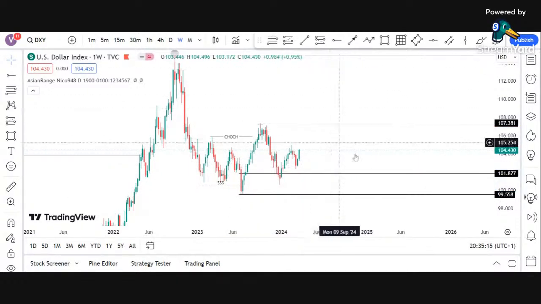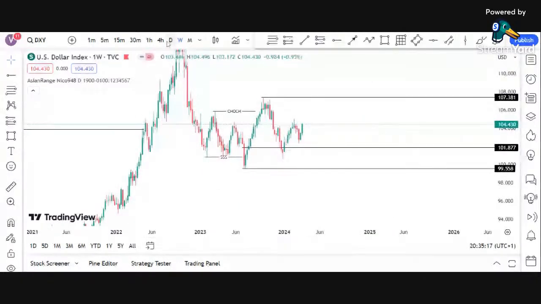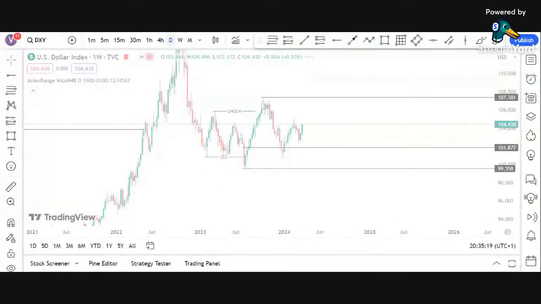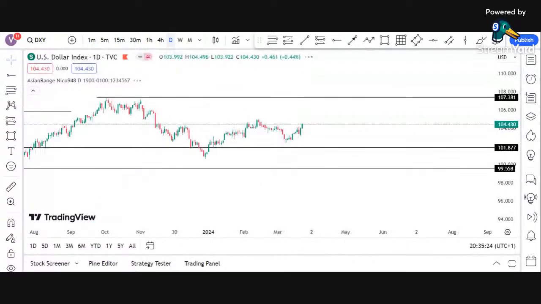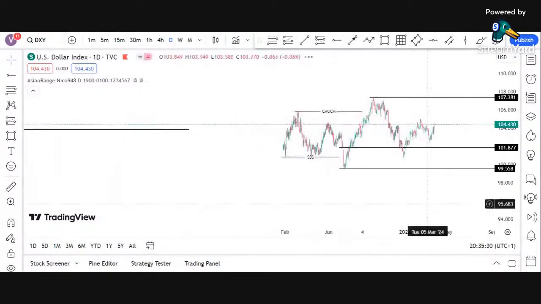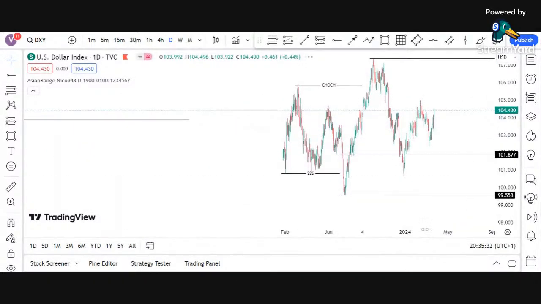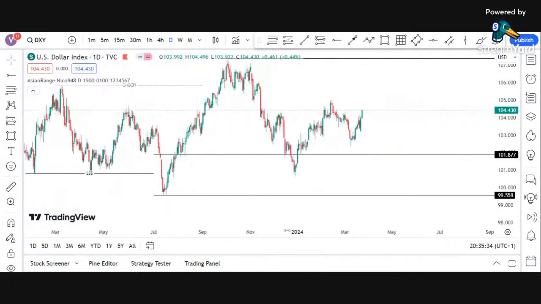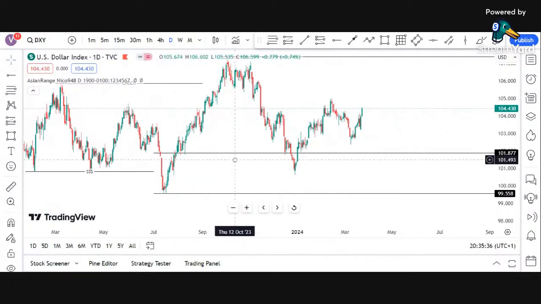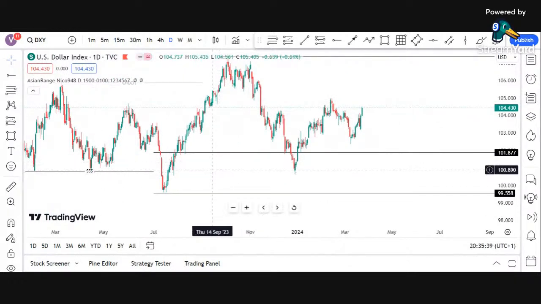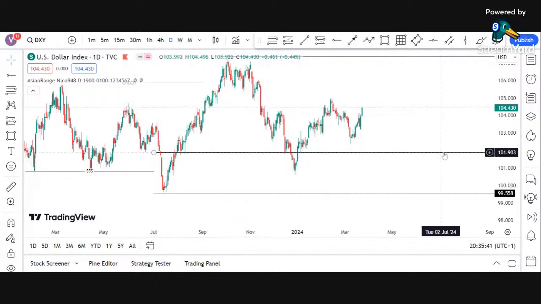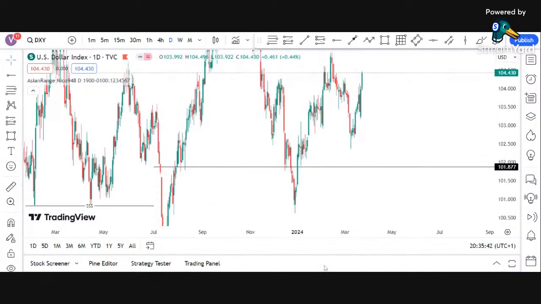So for the daily time frame, let's see what happened. On the daily time frame, you will see clearly the order block that was used to push price to the upside.